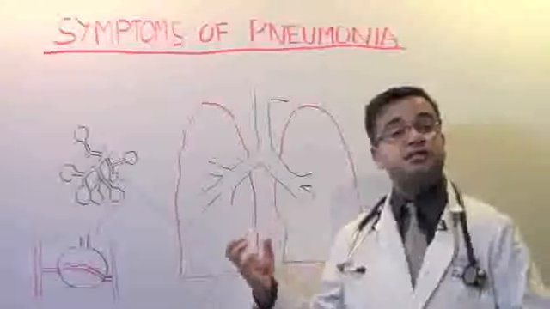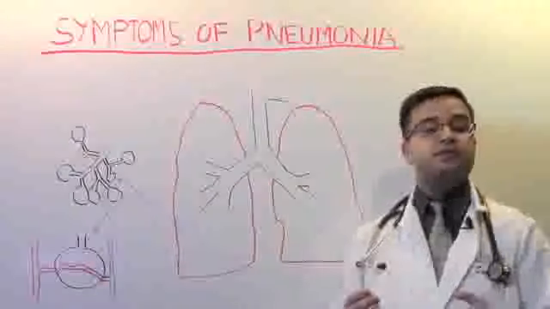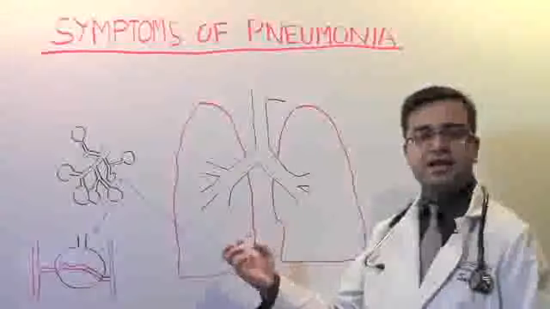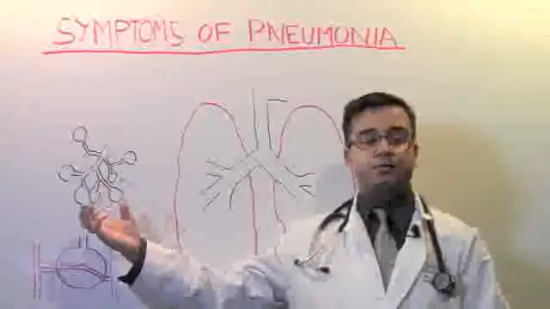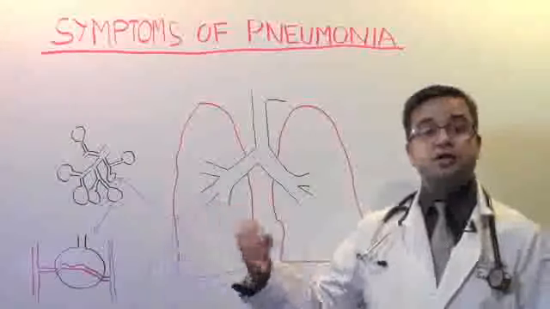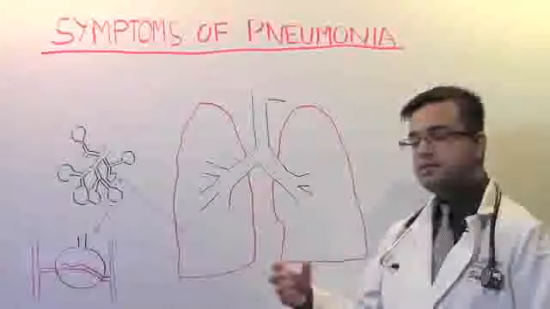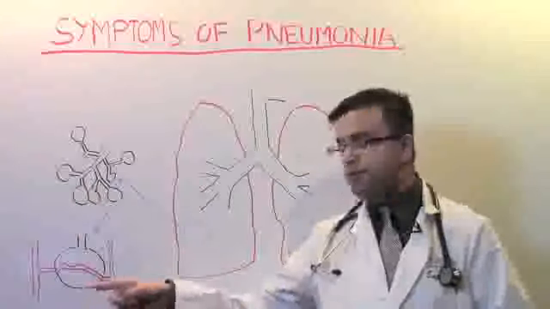When bugs get into the lungs, they settle down deep inside these lungs. There, they can cause irritation of the nerves in these small air tubes. They can cause inflammation or swelling of the lungs, and they can produce pus-like gunky liquid that can fill up these delicate small air bubbles. This irritation can cause cough and pain with breathing.